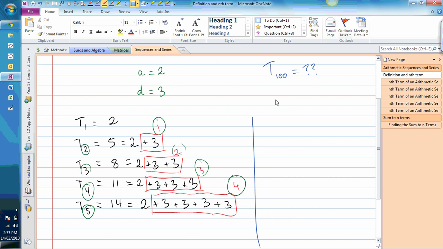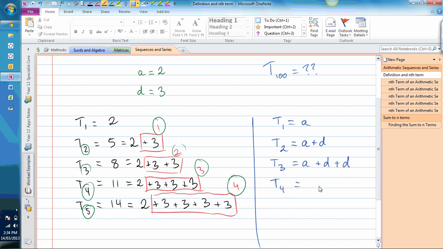So what I'm going to think is, okay, term 1, that was equal to 2, and the reason it's 2 is that's our first term. So term 1 is always the same as A. That's fair enough. Term 2, how did I find that? Well, I went A, 2, and I added on the common difference, D. To get term 3, I started with A, and I did plus the common difference, plus the common difference again.